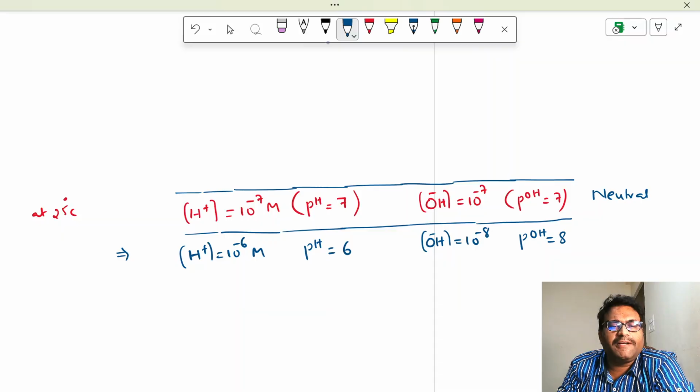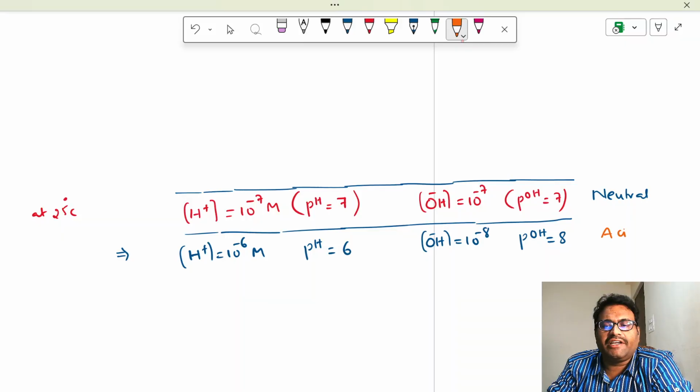So as H plus ion concentration is more, the solution will be what? Acidic. So for acidic solution, pH will be less than 7, and pOH will be greater than 7. pOH will be greater than 7, not pH, pOH.